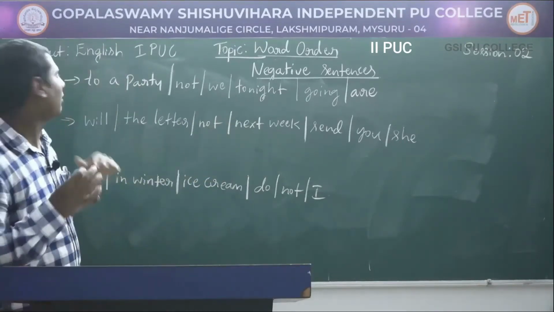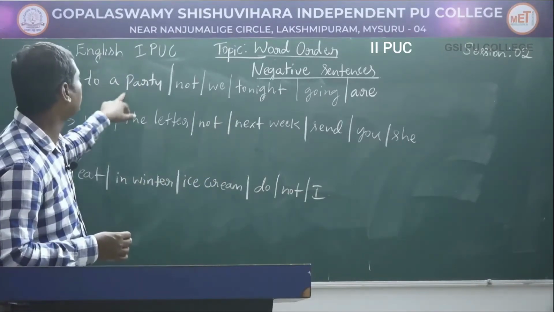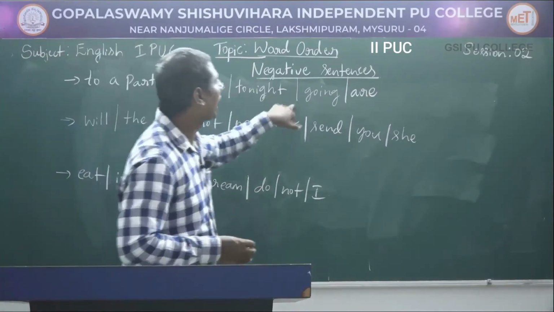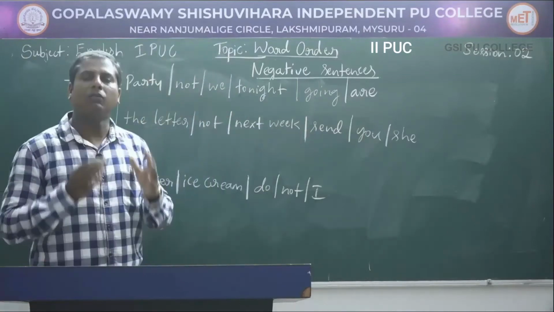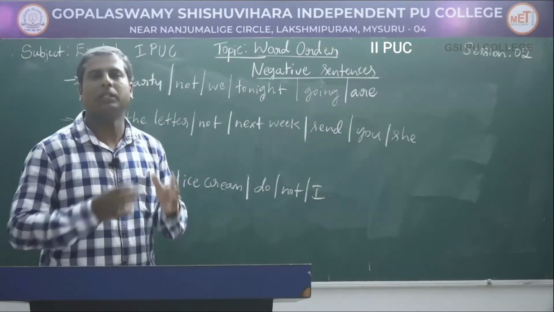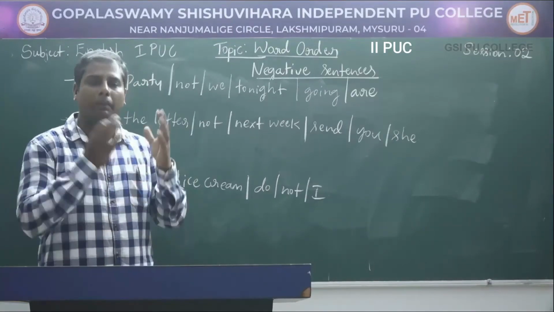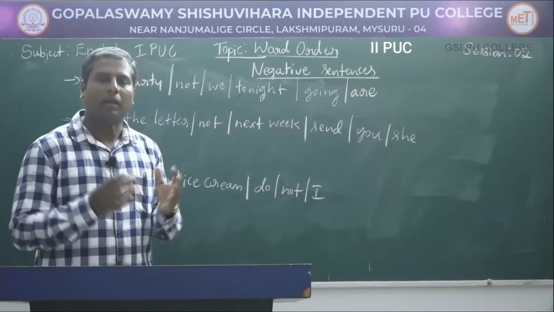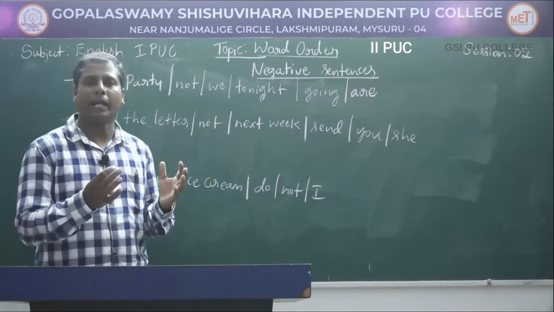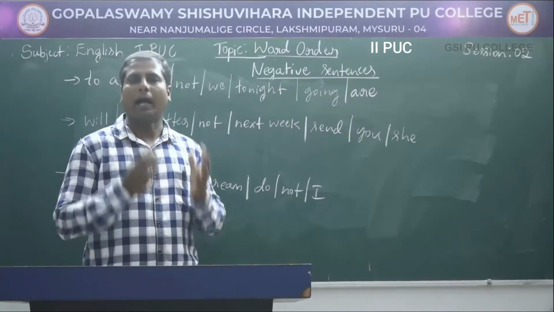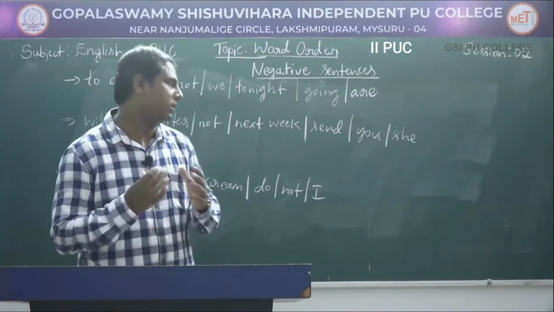In the first sentence you have words like to a party, not, we, tonight, going, are. Now we know the rules, we know the sentence structure when we use modal verbs or primary auxiliary verbs, and we also know how to rearrange words when we have both modal verbs and primary auxiliary verbs.